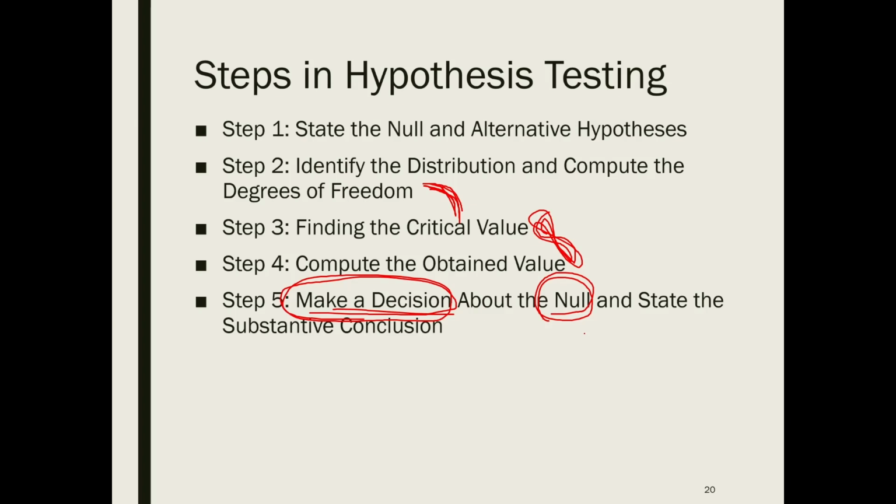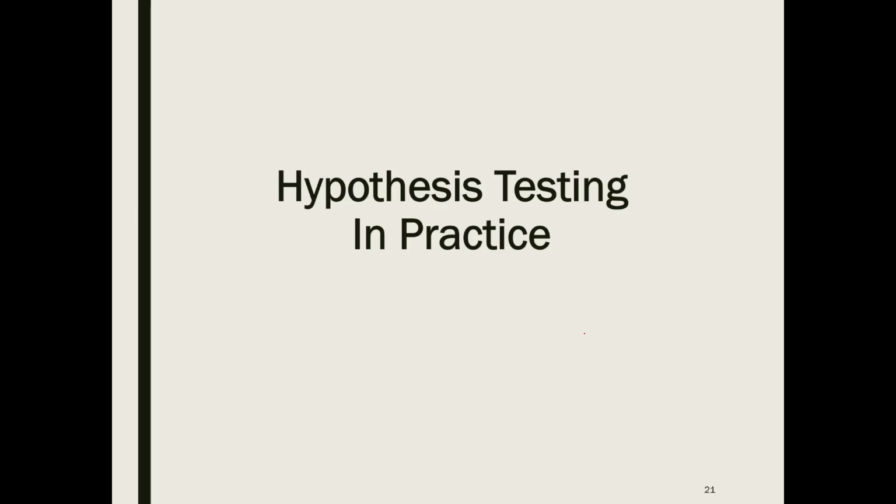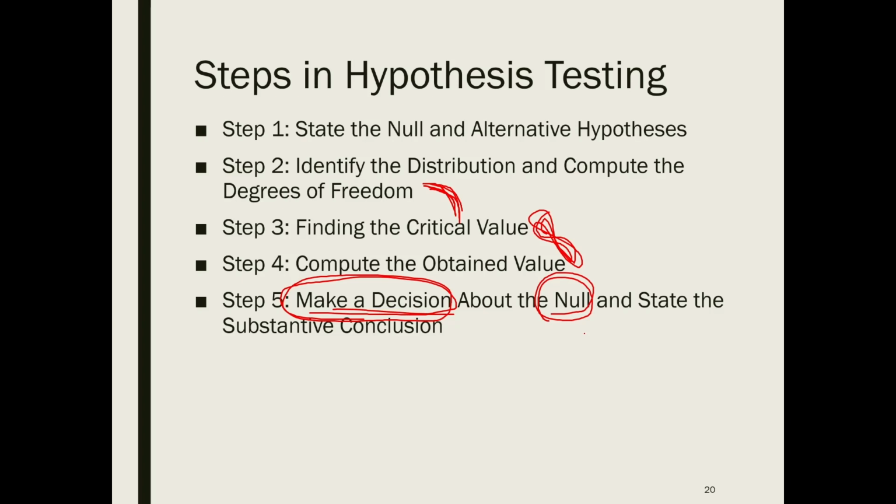Okay. However, in practice, in journal articles, research articles, published papers, even books, you don't really see hypothesis testing written like that. You don't see the paper writing down something like, I'm going to run this t-test, and this is step 1, 2, 3, 4, 5, and that's my conclusion. You don't really see that.